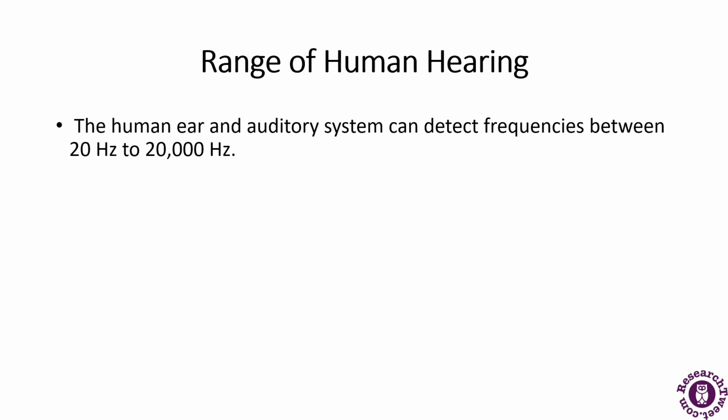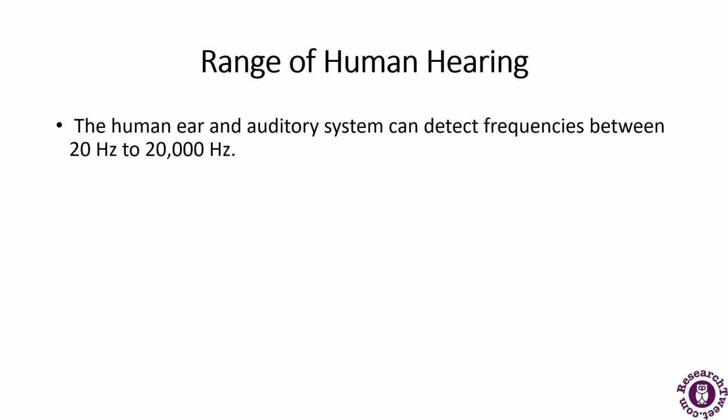Now if I talk about the range of human hearing, the human ear and the auditory system can detect frequencies from 20 hertz to 20,000 hertz. So this was all about the mechanism of hearing.